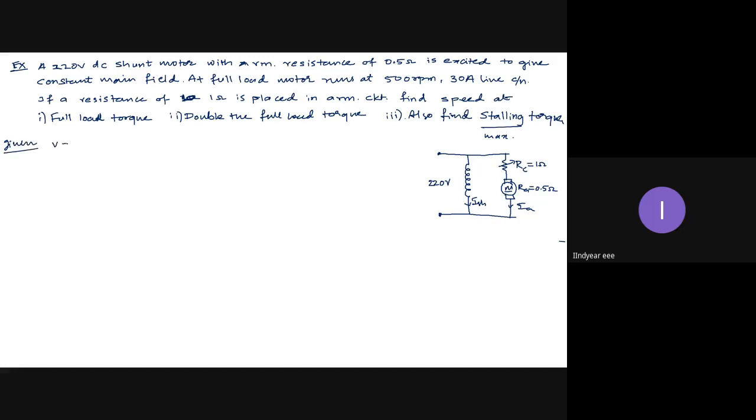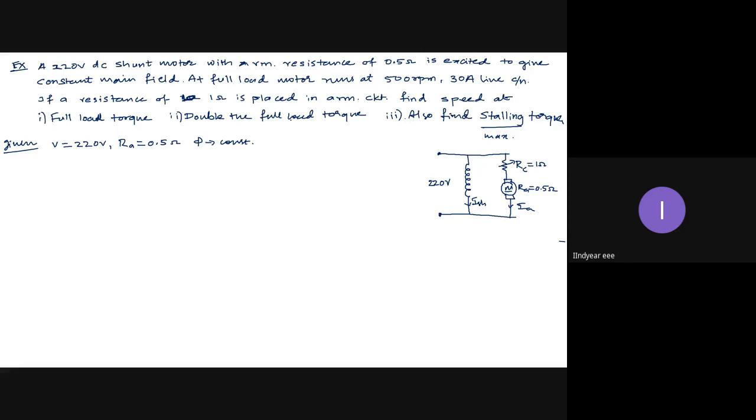So V is 220. Shunt motor with armature resistance of 0.5 ohms, so RA is 0.5 ohms. A constant field. So constant field means my flux remains constant. It is constant in both the cases.